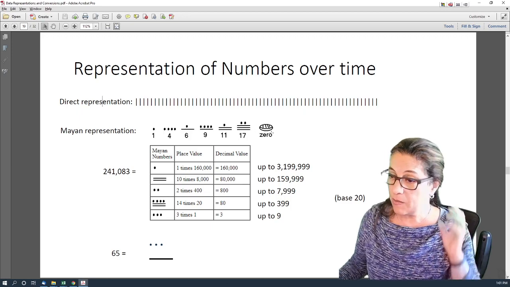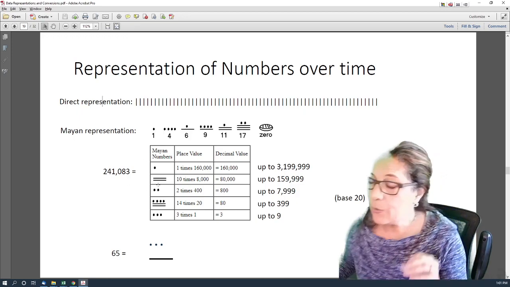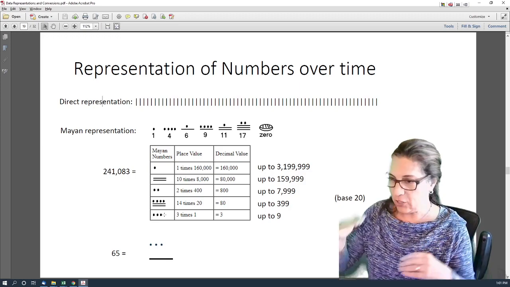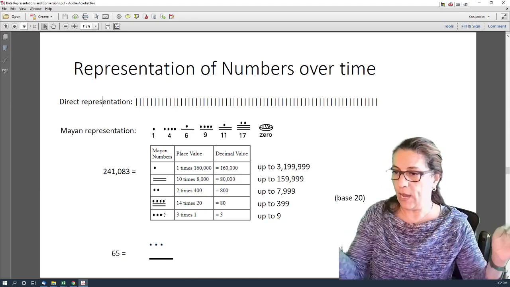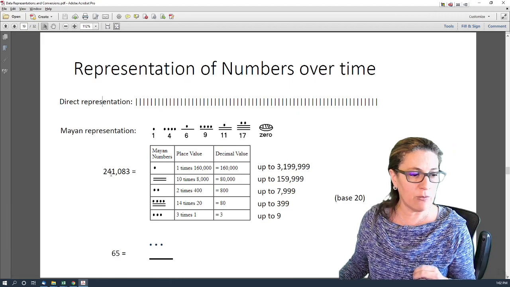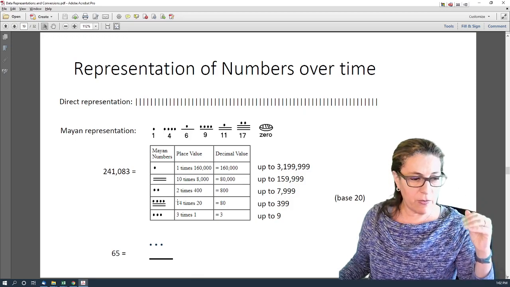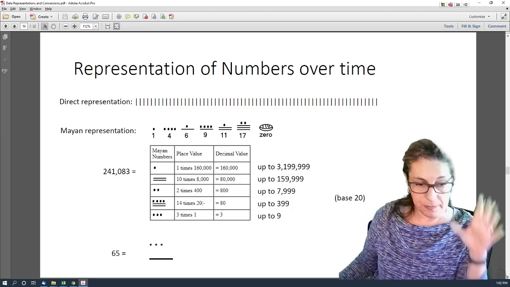They also had the concept of 0, which not many cultures had at the time. And moreover, when they wanted to represent very large numbers, they stacked them. We write left to right, right? They wrote it vertically. So for example, if you wanted to represent 241,083, the 3 is down here, and then the next up is 14 times 20, which is 280.